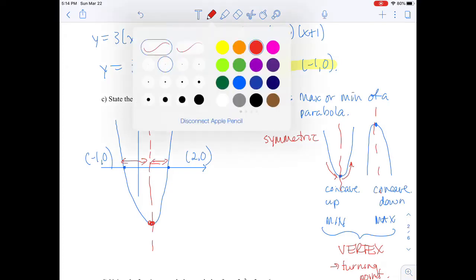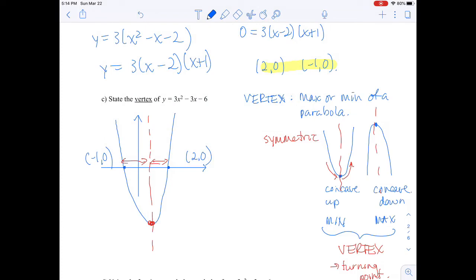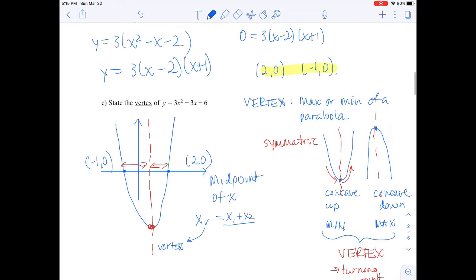So in class, what we did was we used our midpoint formula just of the x values, and we called this thing xv. So this v stands for vertex. So what we're going to do is add our two x-intercepts and divide by 2, as we did with the midpoint formula in our last unit.